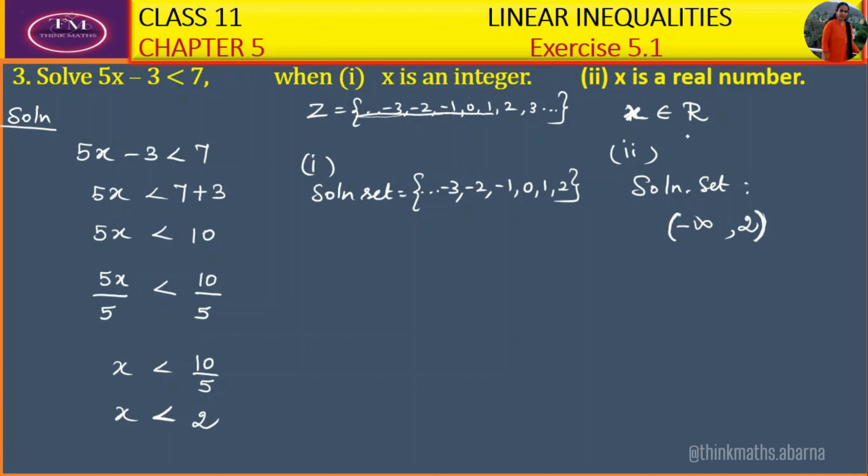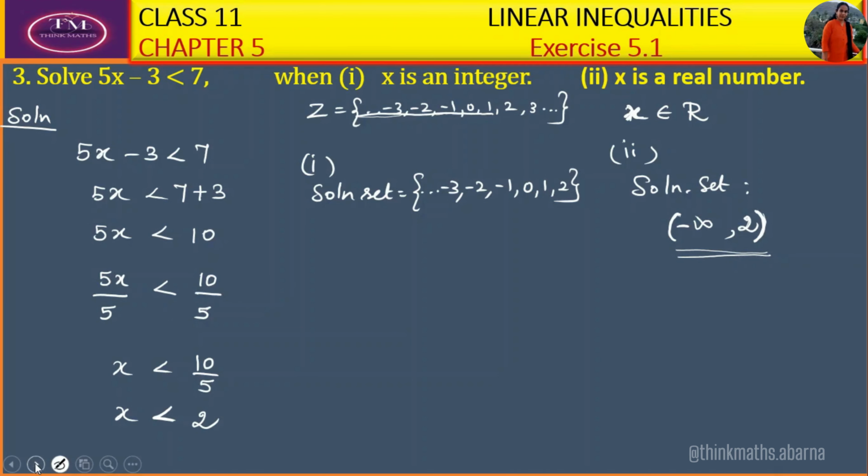So to write the real number system, if it is less than 2, write 2 at the end of the bracket and minus infinity at the front. You should have curly bracket because it is strict inequality. Only less than is here. If you have equal to, you can write box bracket. Okay. Now this is the solution set for the second part.